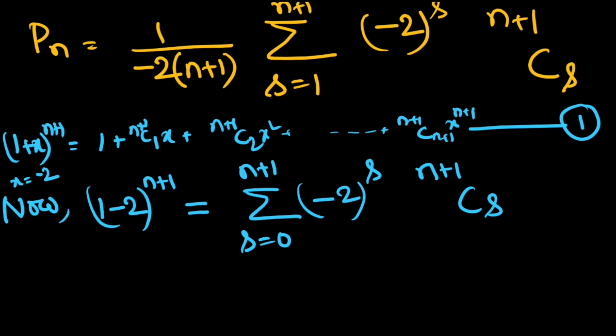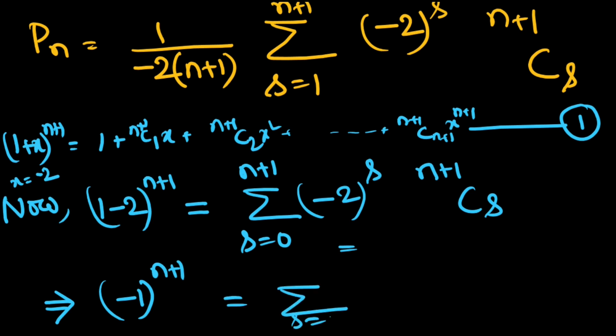Here we put x = -2, then it gives this form. If we write this expression in summation form, then we get the summation s = 0 to n+1 of (-2)^s (n+1)Cs. Therefore (-1)^(n+1) = summation s = 0 to n+1 of (-2)^s (n+1)Cs.